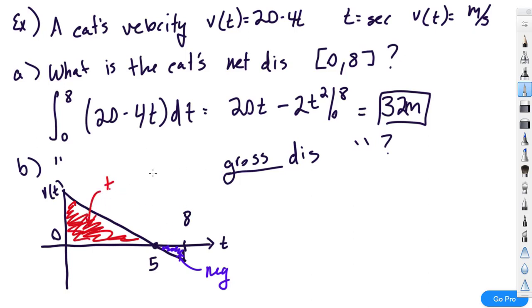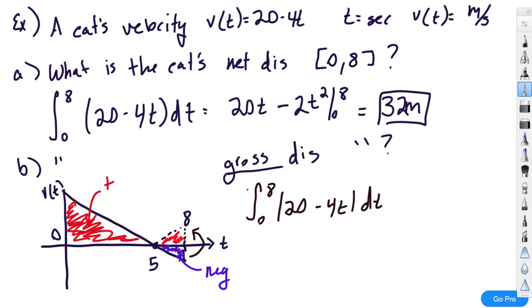If we're trying to find the gross displacement of this cat, we want to take the integral from 0 to 8 of the absolute value of 20 minus 4t dt. What the absolute value means is that I want all of this negative area to flip up and become positive, just like this side.